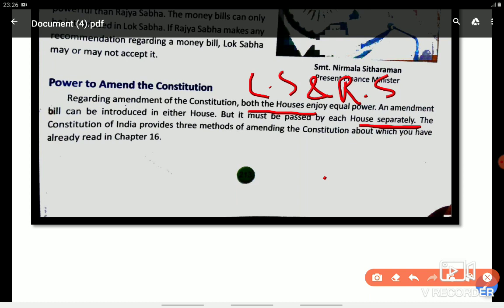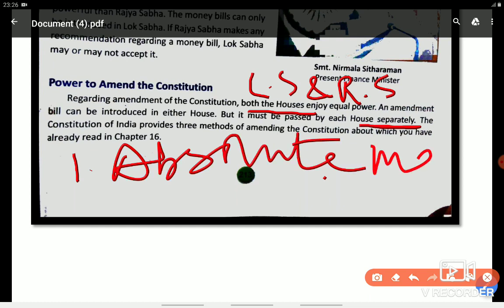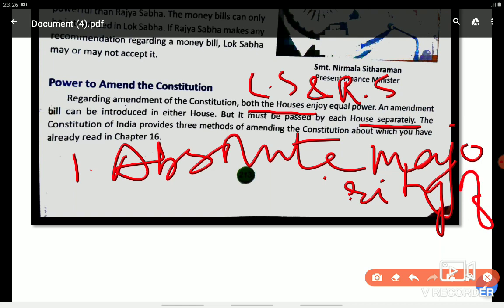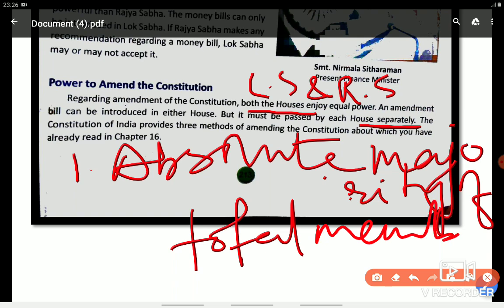And what is this special majority? Any amendment bill can be approved by both houses of the parliament by absolute majority of total membership, or by 2/3 majority of the members present and voting.